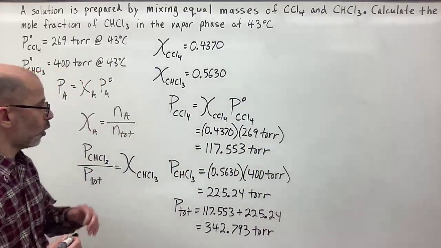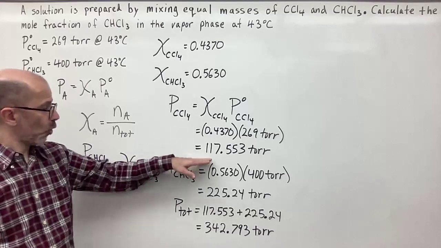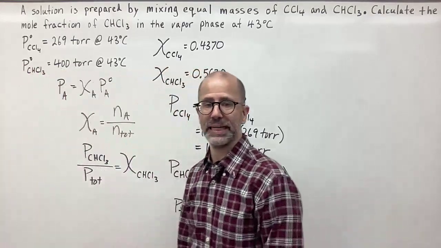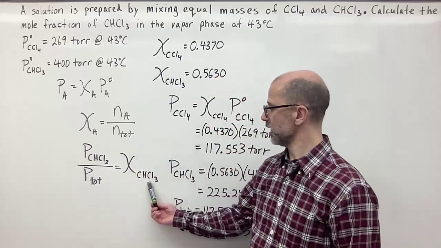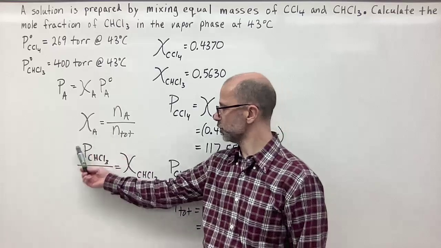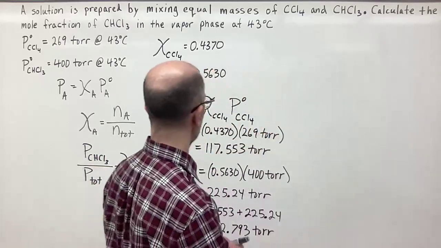Okay, so now we have the partial pressure of both of the gases. We have the total pressure. So now to get the mole fraction of CHCl3 in the gas phase, we just take the partial pressure of CHCl3 divided by the total pressure. So let's go ahead and do that.